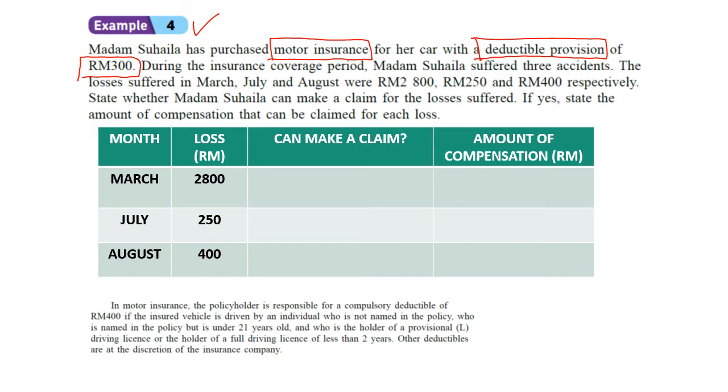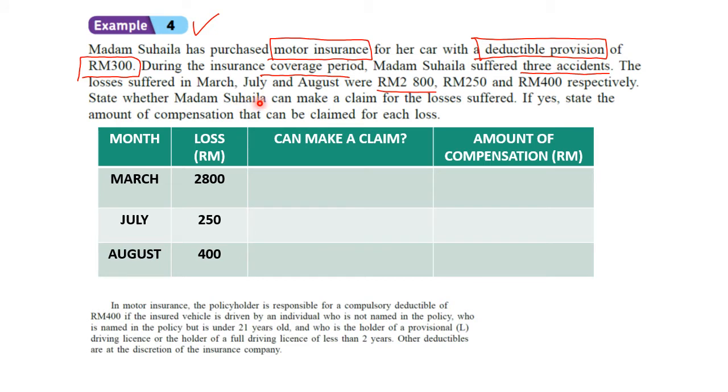So during the insurance coverage period, Madam Suhaila suffered three accidents. The losses suffered in March, July, and August were this amount you can see here: March 2,800, July 250, August 400.